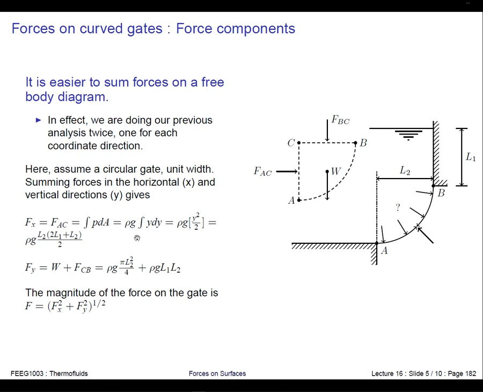Okay, so we can integrate this over the limits, and effectively this point C is at depth L1, and A is at L1 plus L2. So we can put the integration limits of L1 and L1 plus L2 into this, and we can end up working out this.